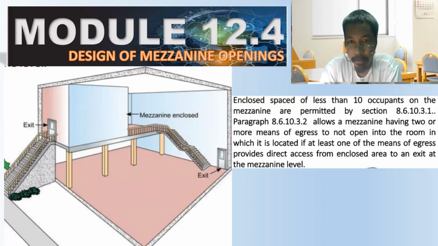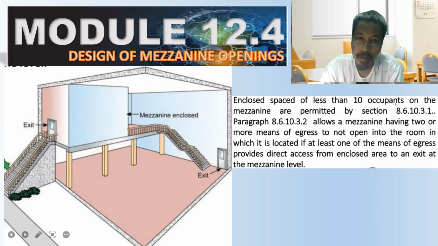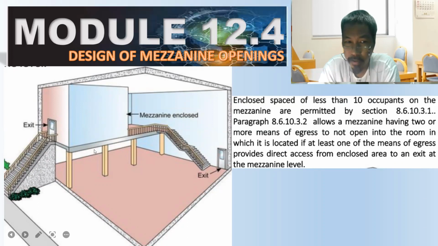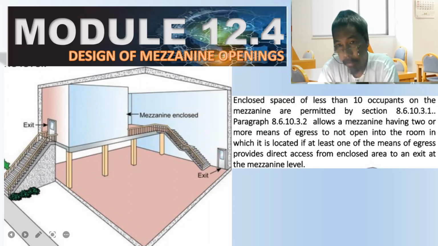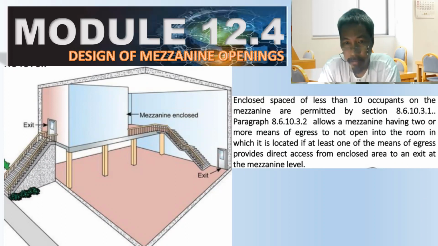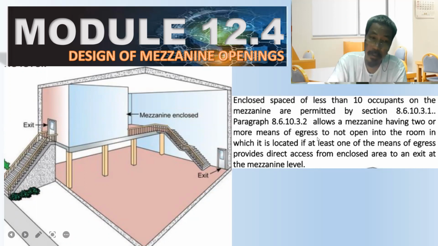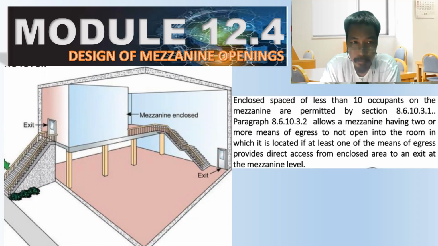Again, for mezzanines, an enclosed space of less than 10 occupants, or a mezzanine with an enclosed space of 10 occupants, is permitted. Paragraph 8.6.10.3.2 allows a mezzanine having 2 or more means of egress.